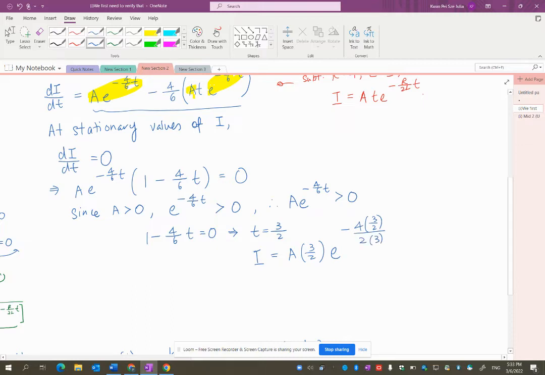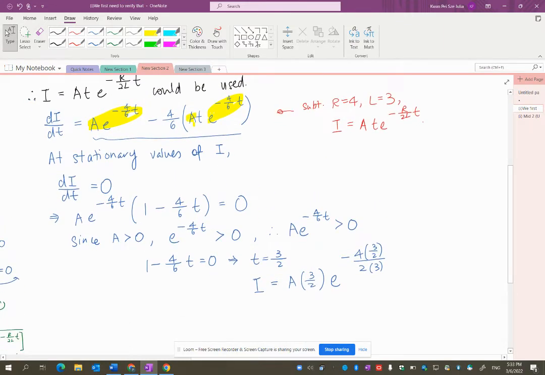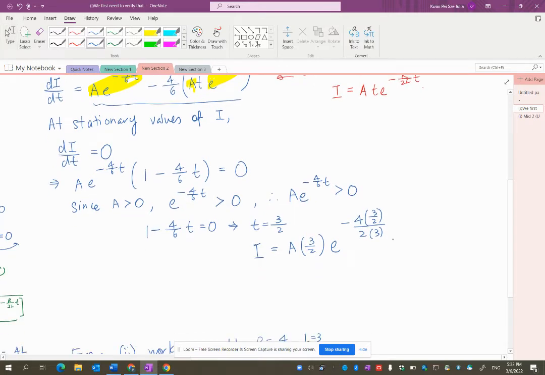So I substitute t to be 3 over 2, R to be 4, L to be 3 into I. So that's what we get. Let's simplify this. So this is the stationary value of I, and this happens when t is 3 over 2.